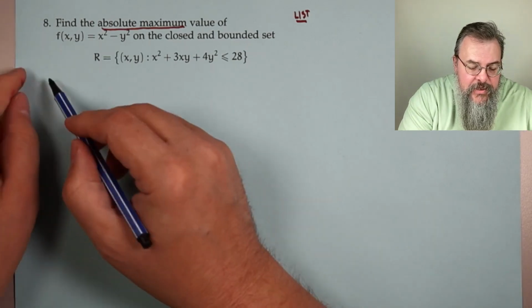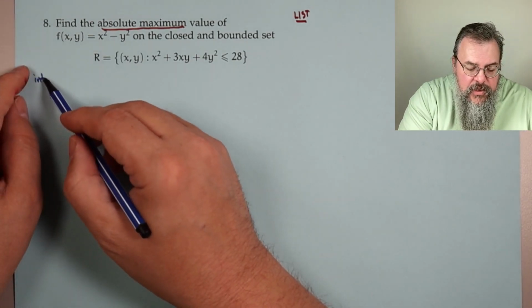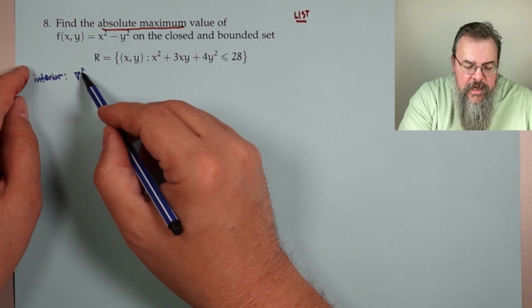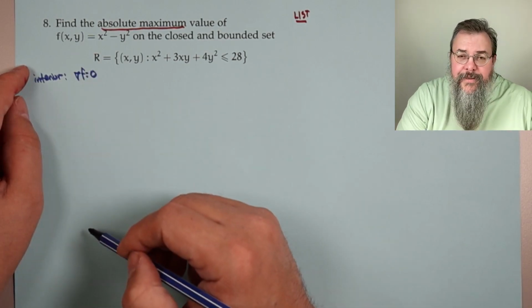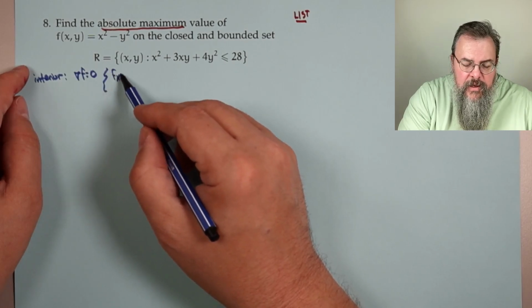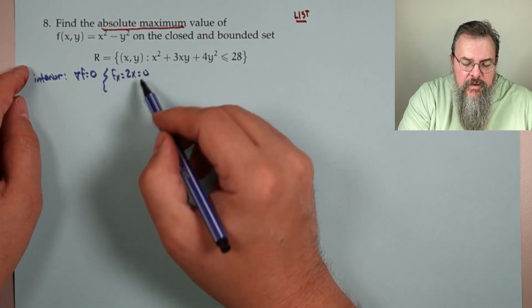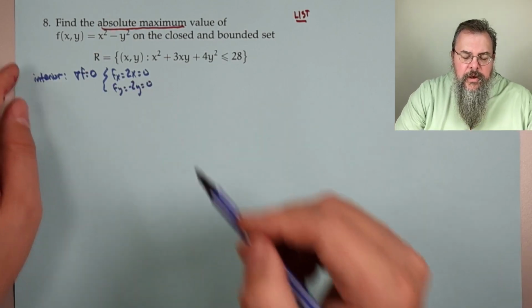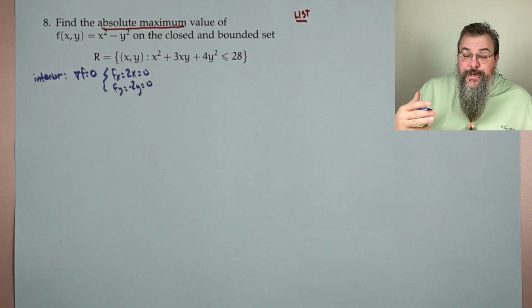Let's quickly check there. Usually interior is not too bad to check. It's the same as saying the gradient of the function we're trying to optimize is 0. So f sub x, which is 2x, equals 0, and f sub y, which is minus 2y, equals 0.